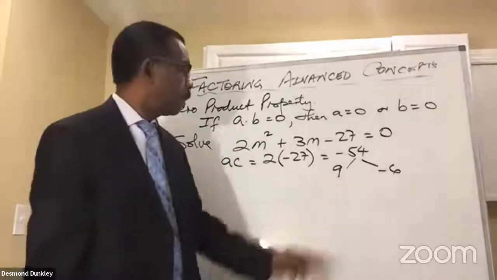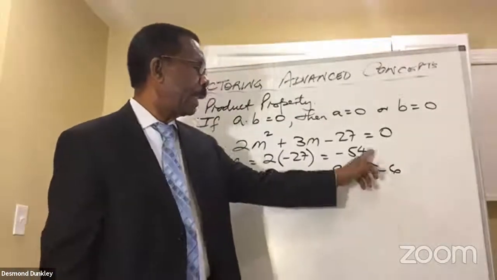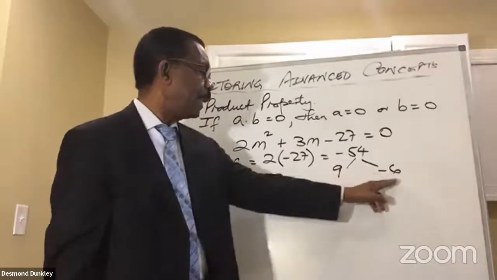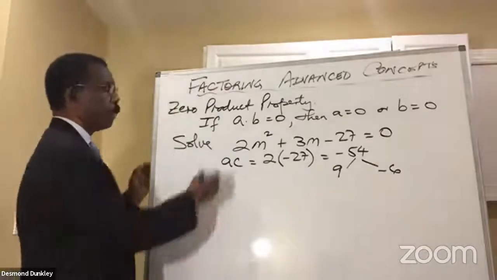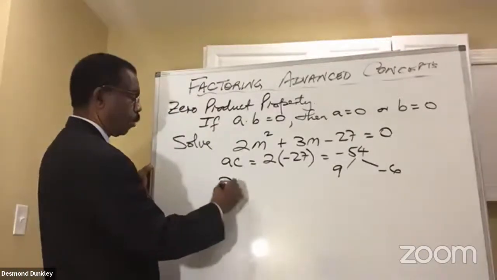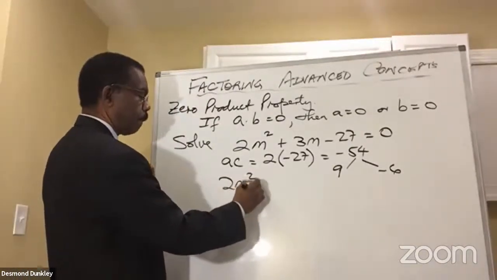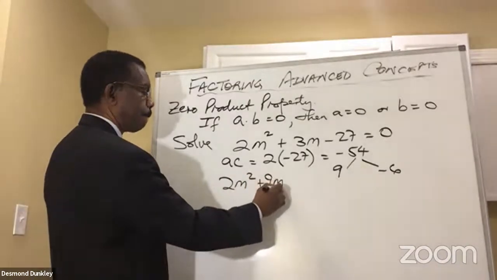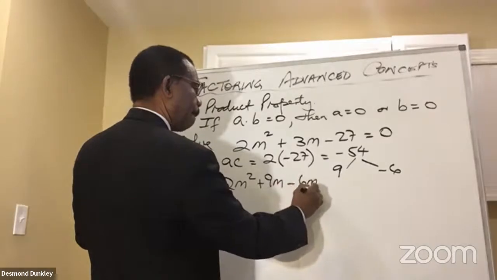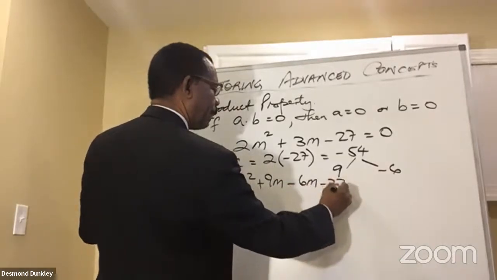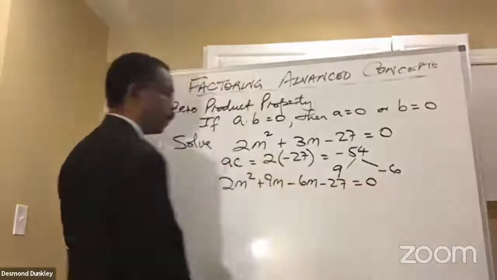Let's check. 9 times -6, -54. 9 plus -6, +3. Perfect. So now we can rewrite this equation as 2m squared plus 9m minus 6m minus 27 equal to 0.